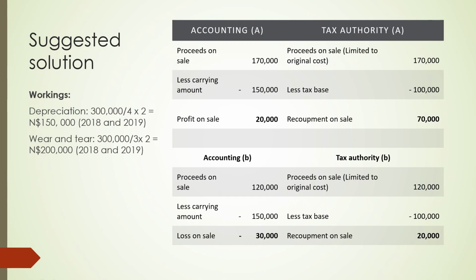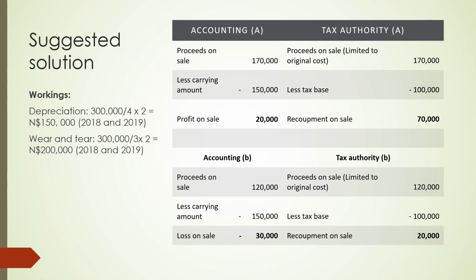For the accountant, the first step is to determine the carrying amount. The carrying amount is your cost minus accumulated depreciation. The cost price of the asset was 300,000 and it was depreciated on a straight line basis over 4 years. Therefore, the depreciation per annum was 75,000. We have now depreciated this asset over 2 years, so 75,000 times 2 gives us an accumulated depreciation of 150,000.